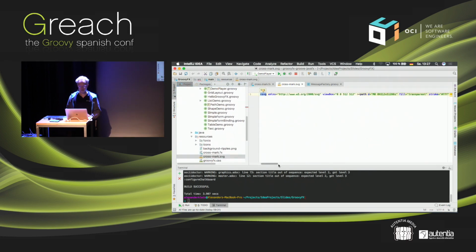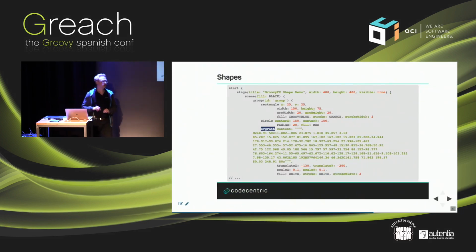This is exactly this path that you have here in the D attribute. Just copy it over in there, and you can use that. You can even use that in your CSS files. You can use that as shapes of buttons. You can use that for anything. And this is really a great feature of JavaFX, and much easier using GroovyFX here.